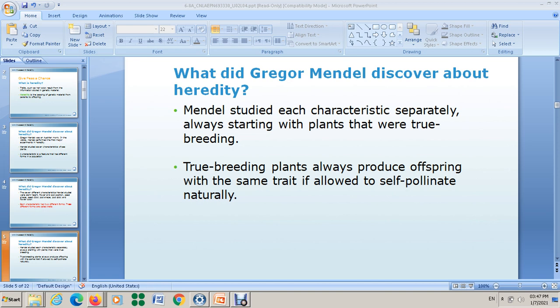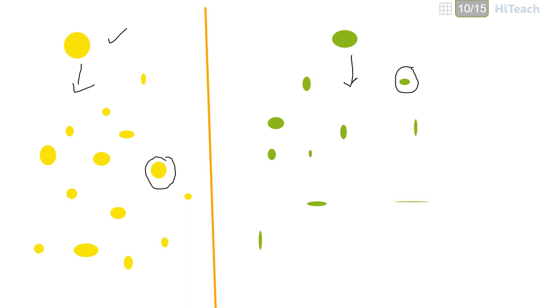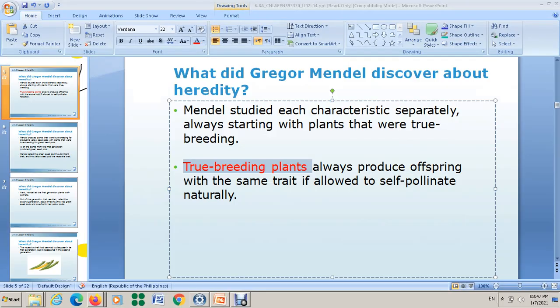What is a true breeding plant? As we mentioned last time, it always produces offspring with the same trait if allowed to self-pollinate naturally. For a yellow seed plant, if I allow it to self-pollinate naturally and keep it separately, it will give only yellow, nothing else.